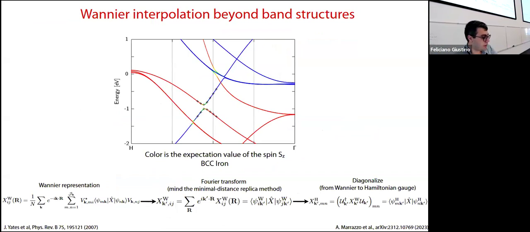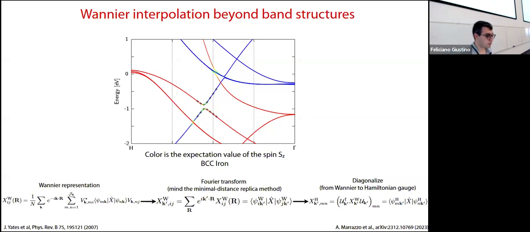You see that now here in the lower side of this slide, I'm just substituting the Hamiltonian H with X. X is one operator that is lattice periodic, and we do the same thing. Okay, so in this example of the picture, X is the spin operator, but it can be something different. So you represent it in terms of Wannier functions. You do this Fourier transform back in reciprocal space, and again, here for simplicity, I'm just using the simple formula.